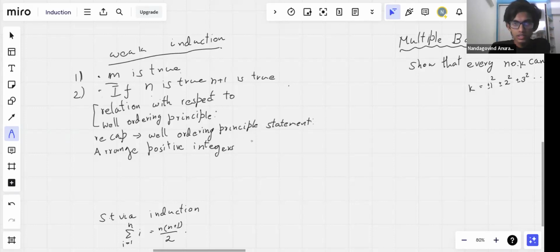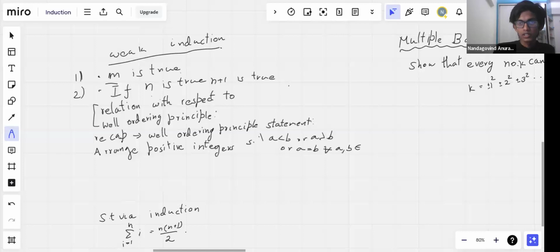Arrange positive integers such that a less than b, or a greater than b, or a equal to b, for all a, b belonging to natural numbers. Okay.